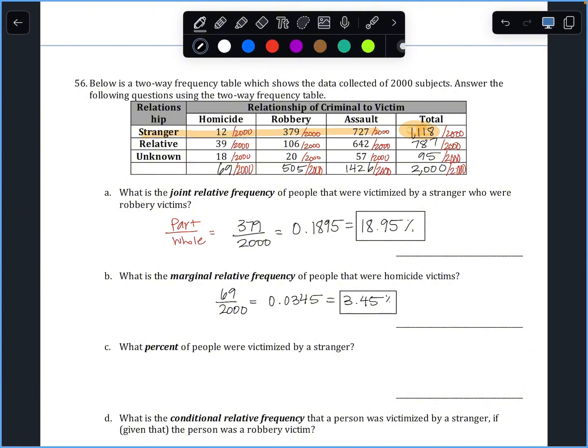Look at the comma. 1,118 over 2,000, over the total people. 0.559, which is equal to 55.9%. Very good job. Some students are putting 55.90%. That's okay too. I don't mind it.